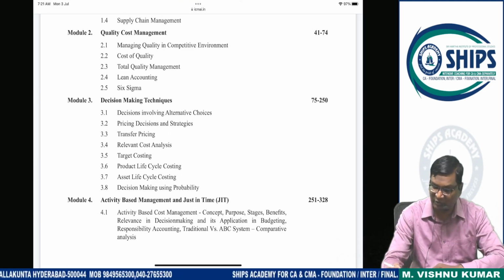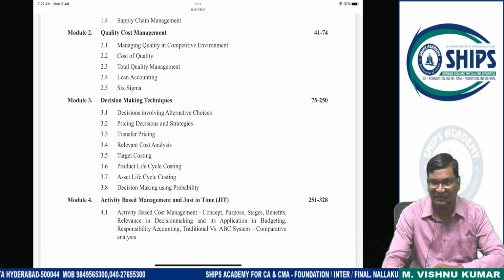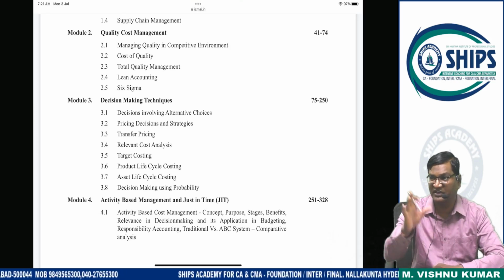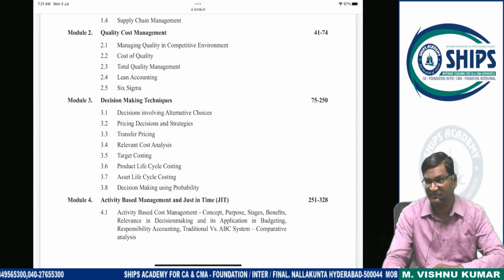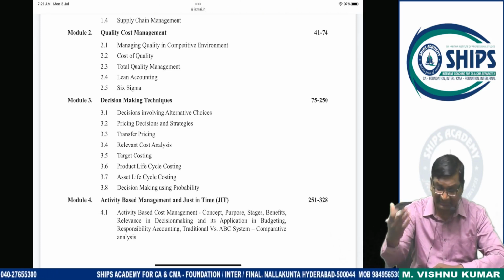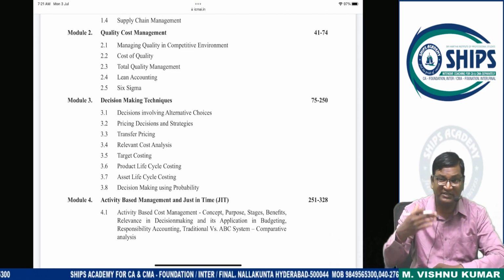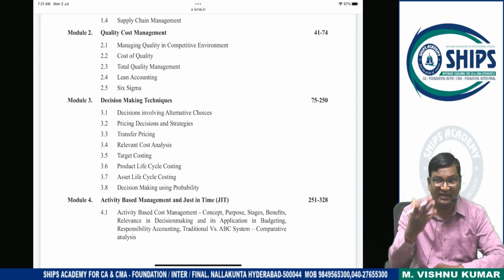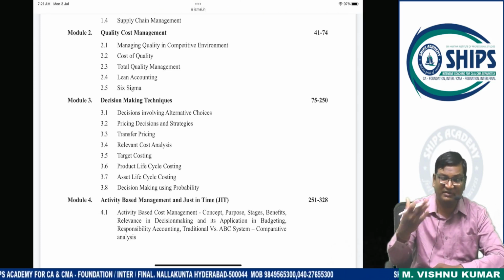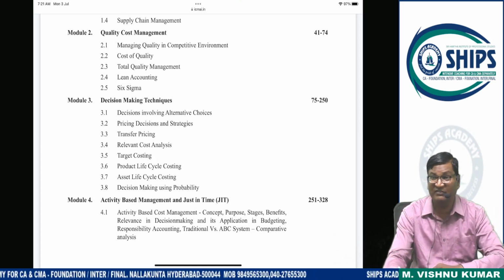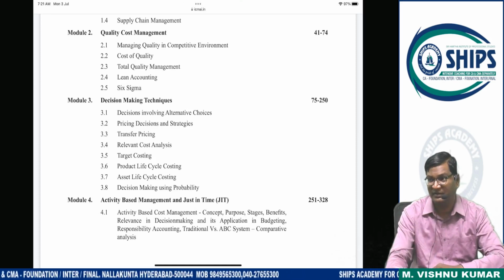So lean accounting is also the same. Lean management means in an organization, what are the different areas in which cost is unnecessarily incurred, unnecessarily spent? The organization has to identify that. Similarly in the product also, what are the areas in which they are incurring cost which is not even necessary for the customer?